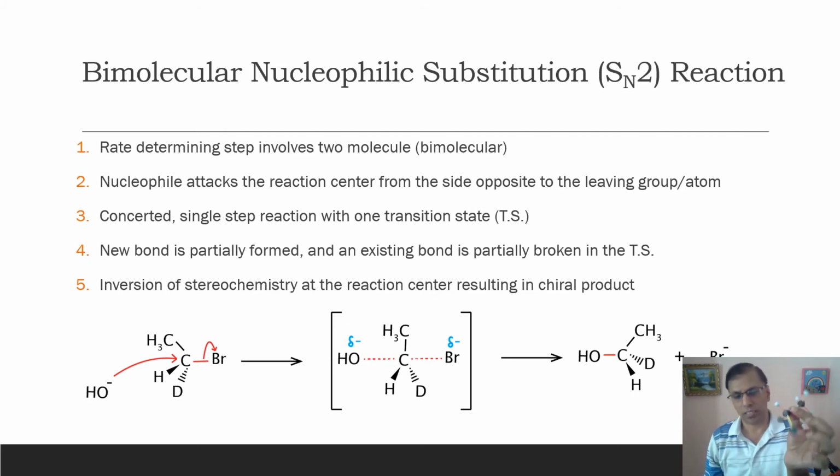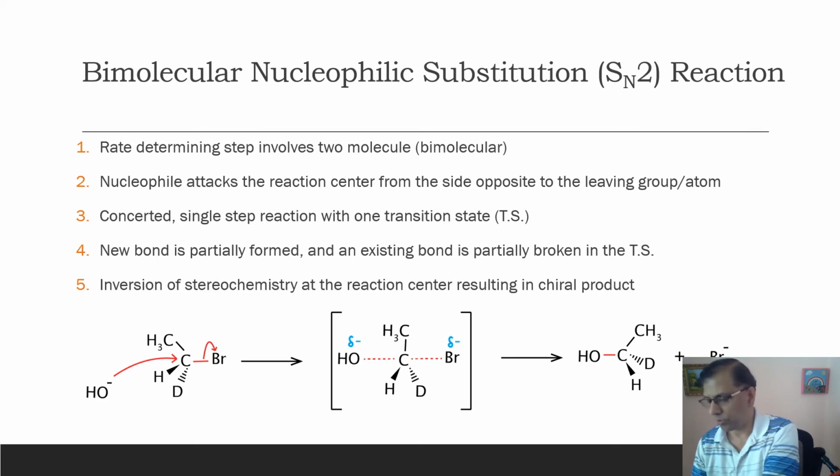So this is the starting material, and then you have the OH group. So this is the oxygen, and this is hydrogen, and this is the negative charge. So it's going to attack.